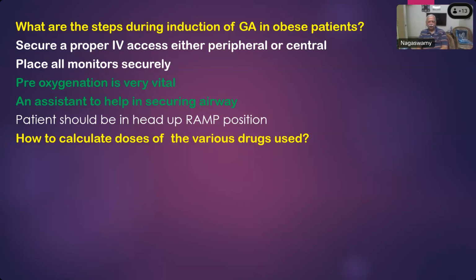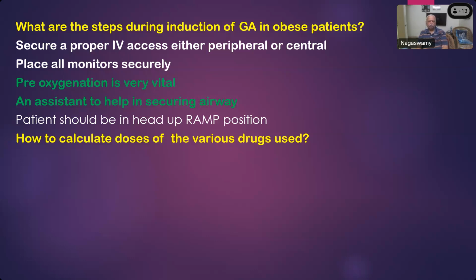What is the difference between ideal body weight and lean body weight? Ideal body weight plus 20% of the ideal body weight is called lean body weight. Total body weight is the actual weight that you measure, and ideal body weight is calculated as height in centimeters minus 100 for males or 105 for females.